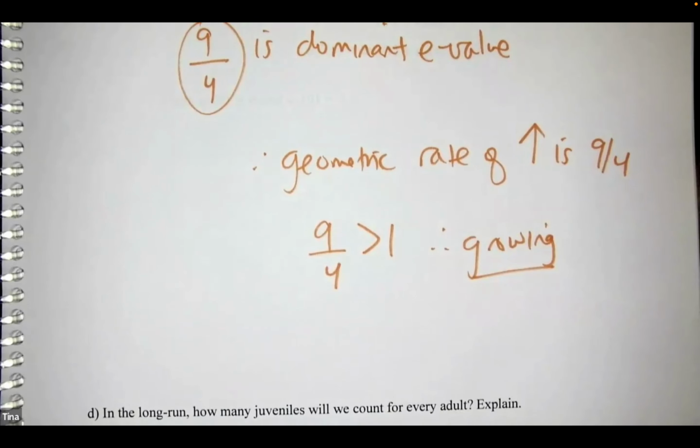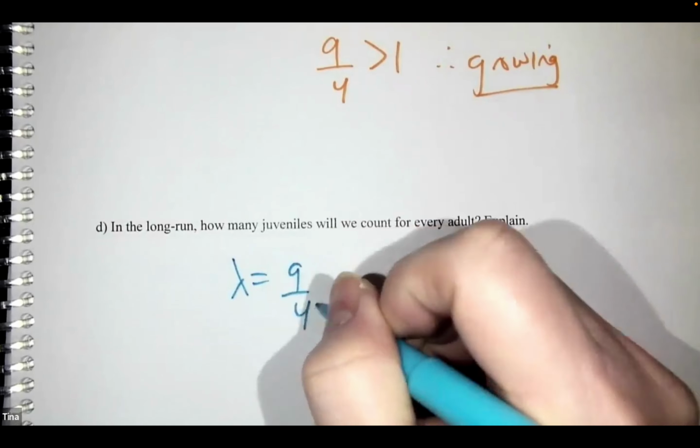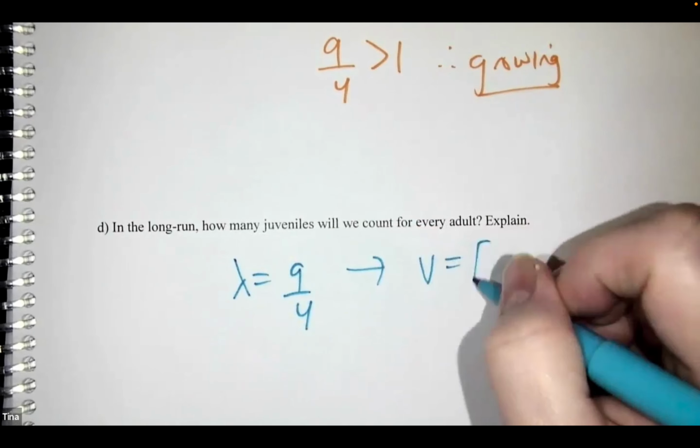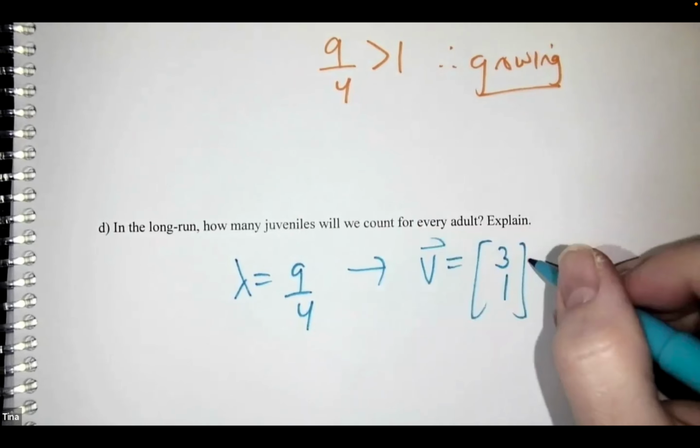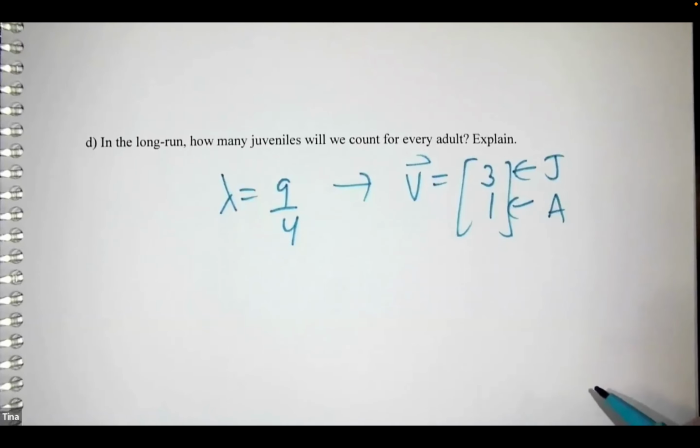And the last part is, in the long run, how many juveniles should you count for every adult? Okay, what do you think? We talked about this earlier. What do you think it should be here? Well, it's according to the eigenvector that goes with 9/4, which was 3, 1. So juveniles would be on top, adults would be on the bottom.